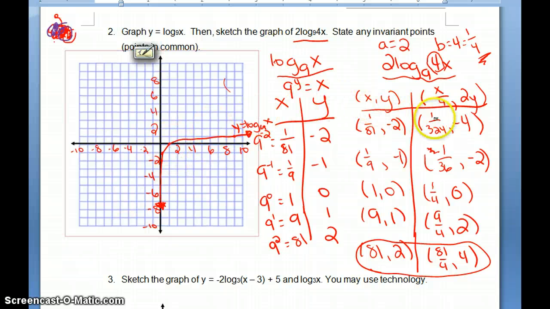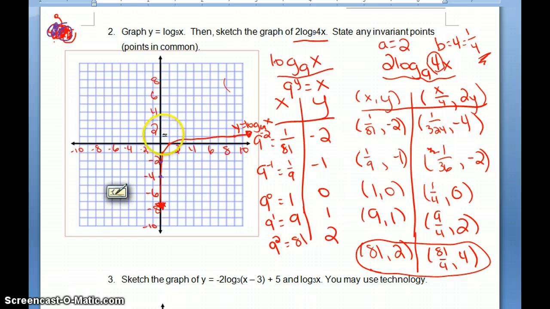Alright, so here we're going to start graphing 2 log 9 of 4x. Our first one is 1 divided by 324, so extremely small. That is when y is at negative 4, so we're looking at right about somewhere around there. And then our second point, we have 1 over 36 for x, and y is equal to negative 2.